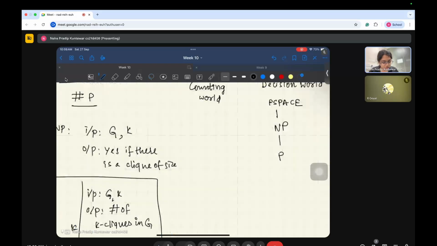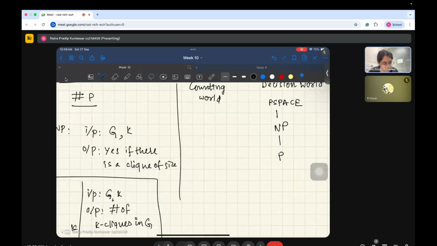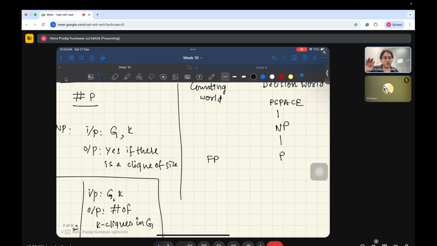The counterpart of P here is what is called FP, the set of all functions that have a deterministic machine that, given input x, will write f(x) on the tape.